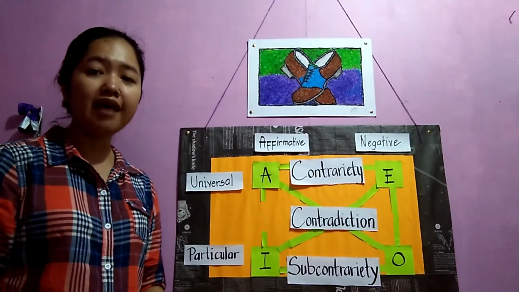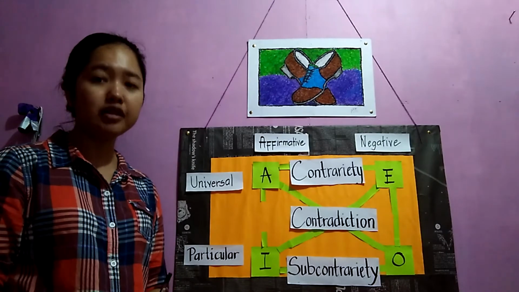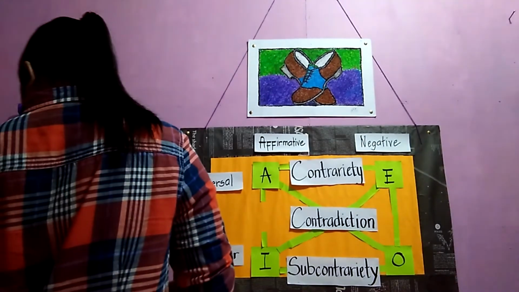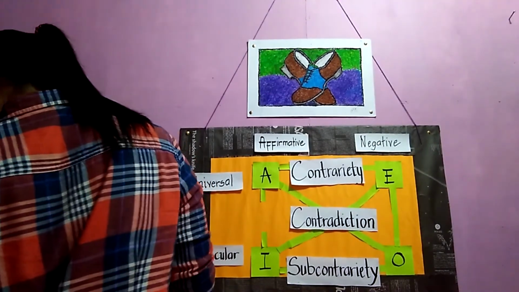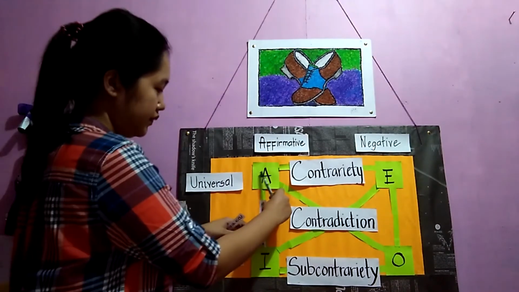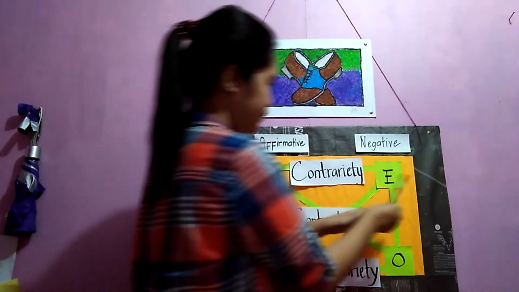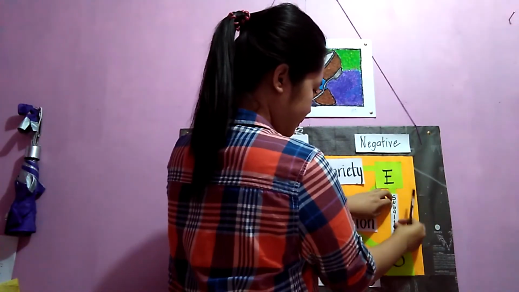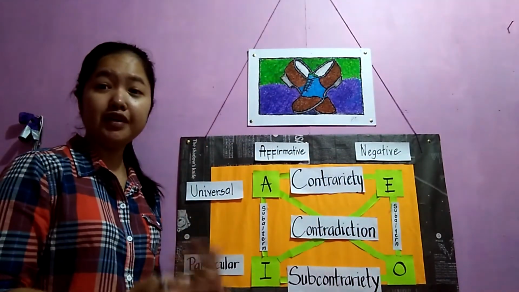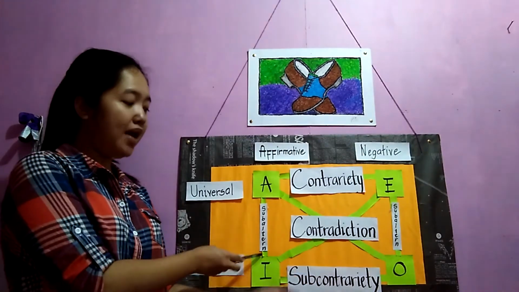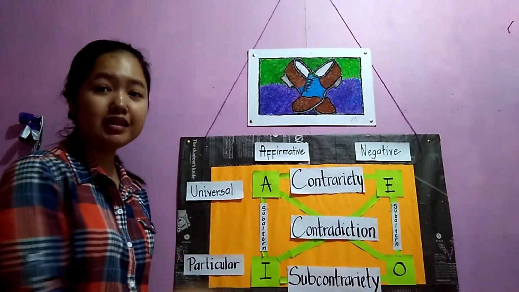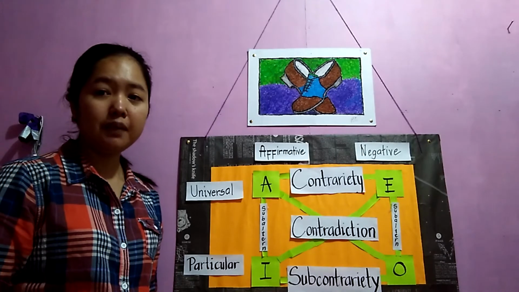Then the last opposition that we have is what we call the subaltern. In the subaltern, they have both the same subject and predicate.